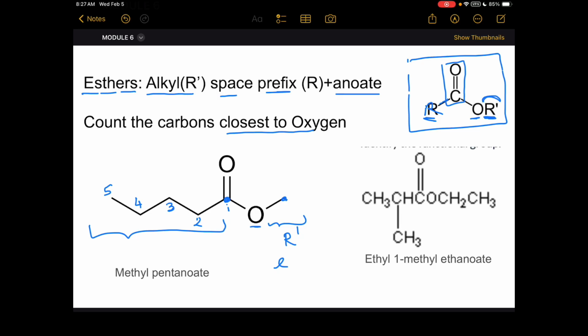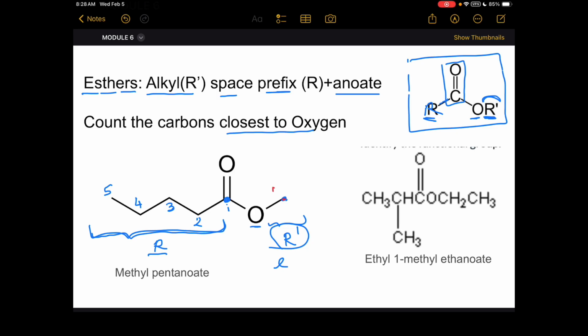And the carbon group that is on the left side of the O is considered as R. Okay, R and R prime. Now, when we are naming, we are going to start with R prime. What's the name of my R prime?